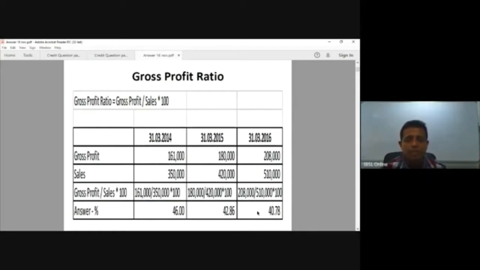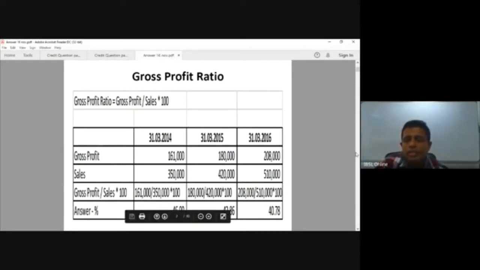For the interpretation part, we will be allocating marks. For example, if we allocate 18 marks for 15 ratios, 15 marks for the calculation part, and for the interpretation balance marks will be allocated, right? These are very easy to calculate ratios.